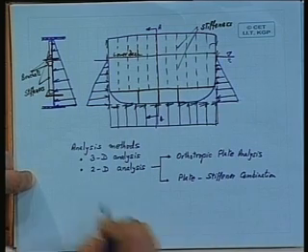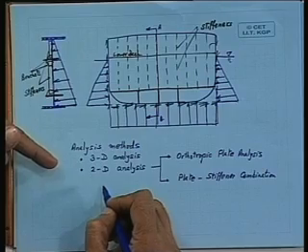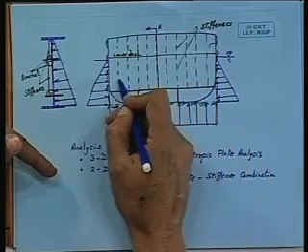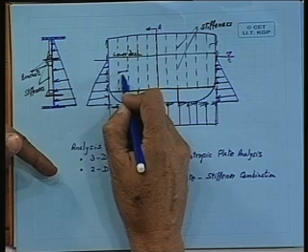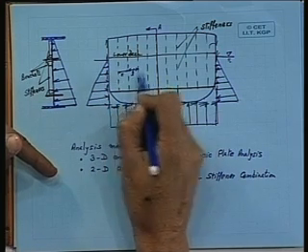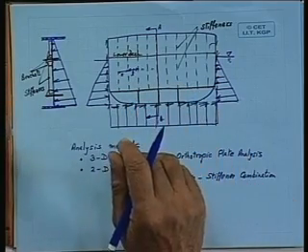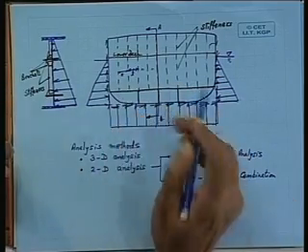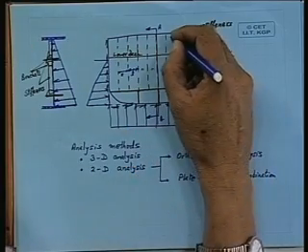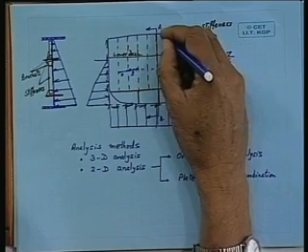Obviously we have started with 3D, we have come to 2D, and if we take advantage of uniform spacing of the stiffeners, all over S, and we also assume that all stiffener sections are identical, then we take one strip out of here and analyze it as a beam.